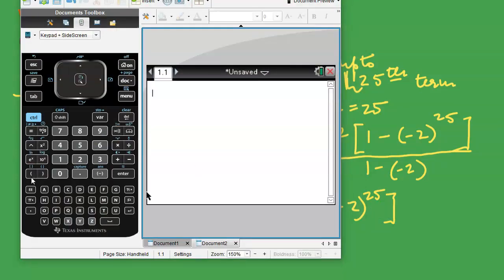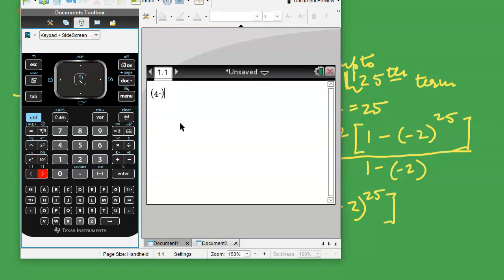So it is negative 4 times 1 minus negative 2 to the power of 25.